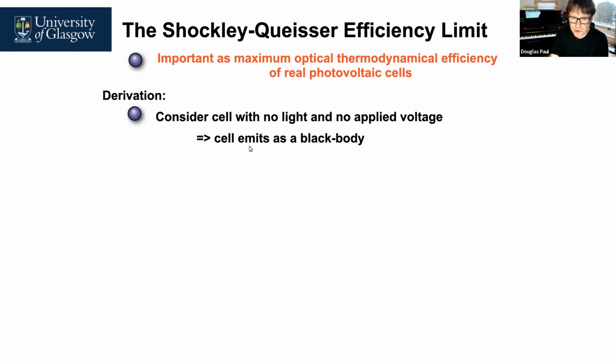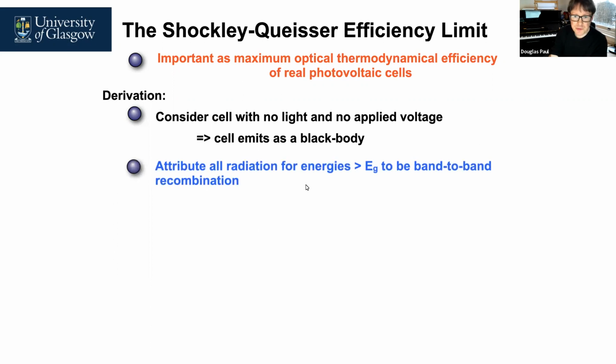Now, in fact, what this is doing is assuming that all the photons that impinge on the cell that have an energy greater than the band gap are absorbed. It attributes all the radiation to band-to-band recombination. So basically any photon coming in above the band gap of the semiconductor is absorbed and gets turned into an electron hole pair.